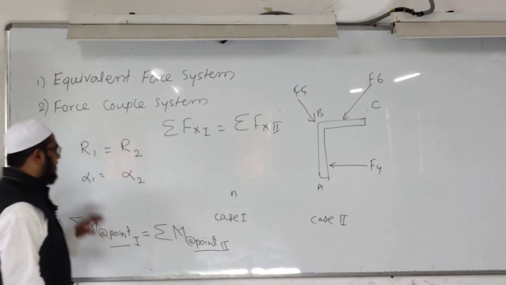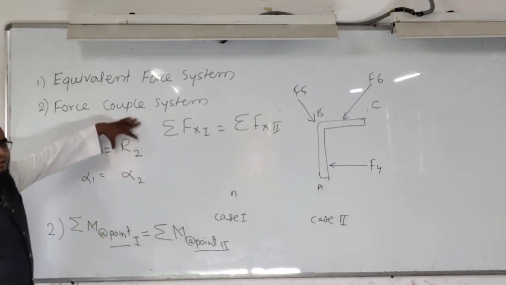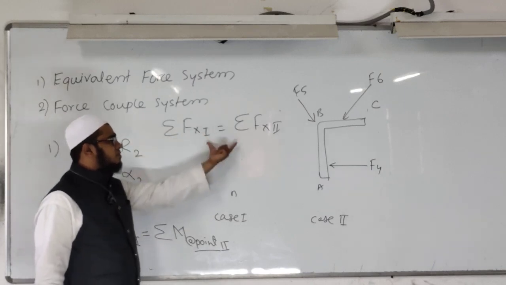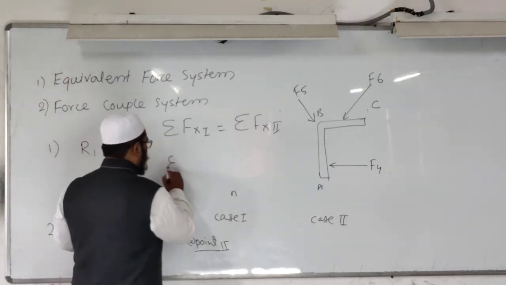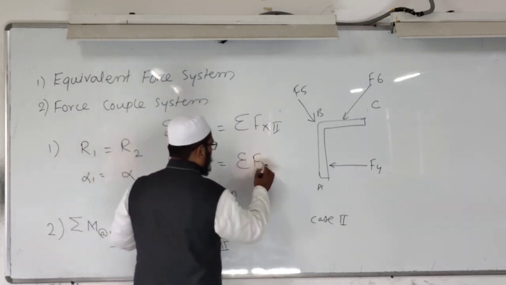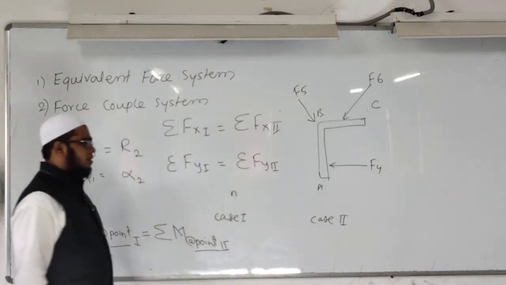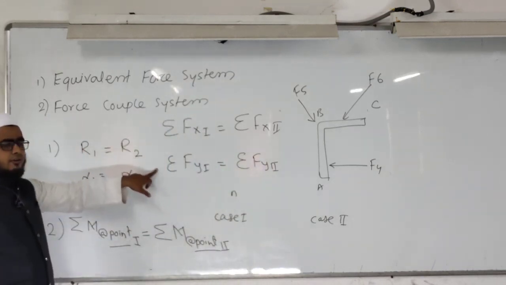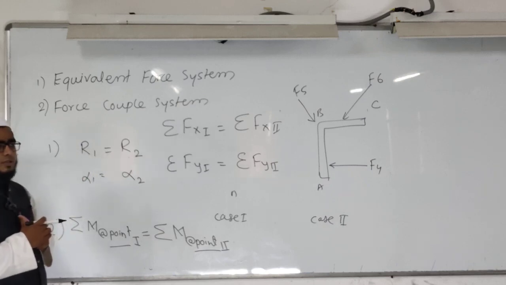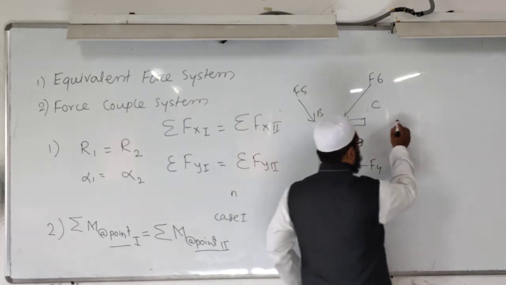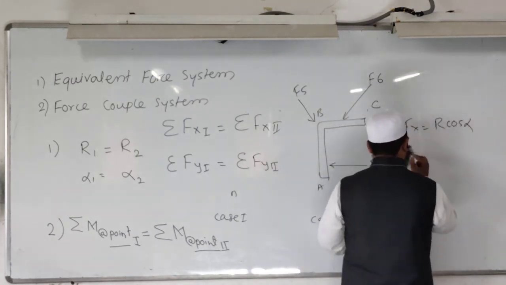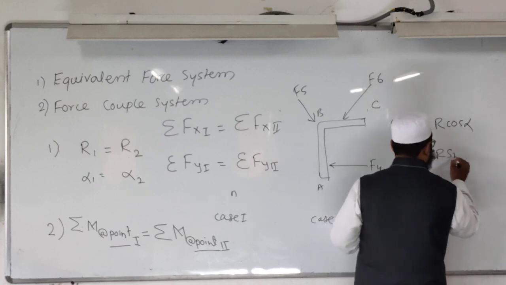That is why if resultant R1 is equal to resultant of the second force system R2, then the summation of Fx of the first must be equal to the summation of Fx of the second, and the summation of Fy of the first must be equal to the summation of Fy of the second. Because summation Fx and summation Fy are the horizontal and vertical components of the resultant R. Also we know that summation Fx equals R cos alpha and summation Fy equals R sin alpha.